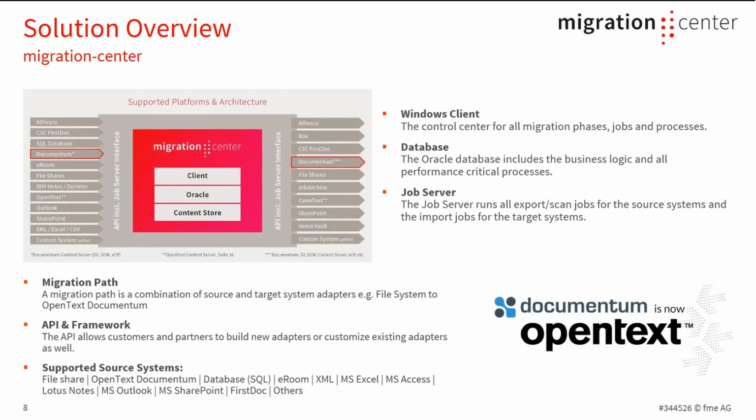Just to give you an idea which components Migration Center contains. First of all, we have the Windows client on top. This is the control center. All operations, phases, processes, and configurations are done in this user front end. Then we have a central migration database, which includes the business logic and all performance-critical processes.